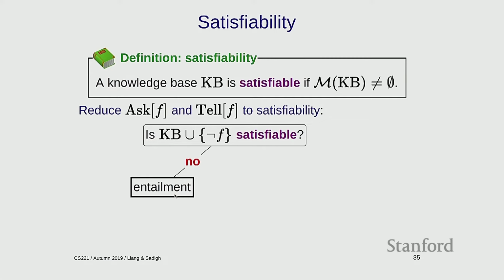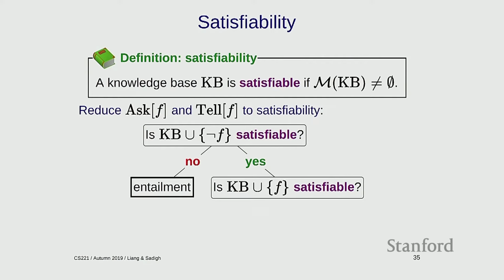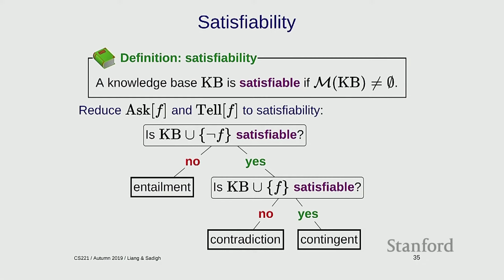So what about if it's yes? Then I can ask another question: is KB union F satisfiable or not? So if the answer is no, then what should I say? It should be a contradiction, because this literally says KB contradicts F. And then finally, if it's yes, then it's contingency.